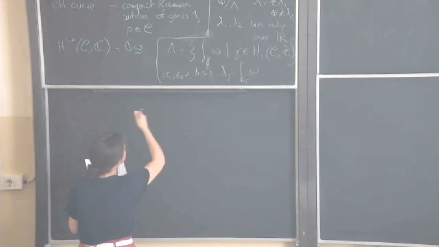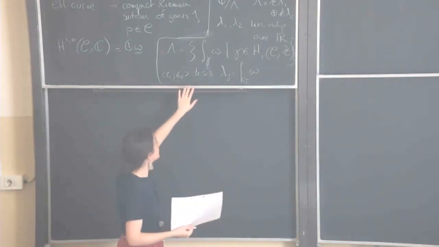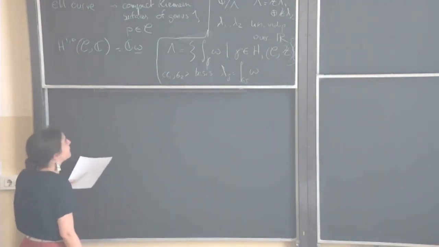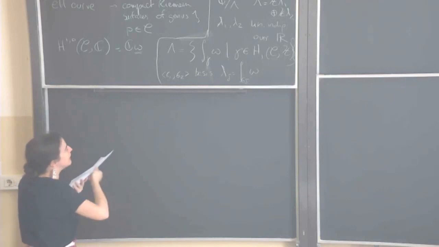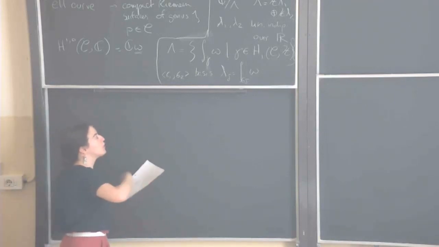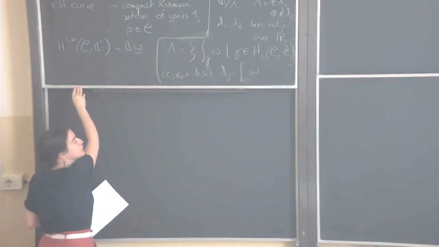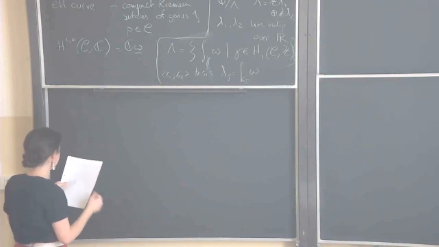A consequence of this is that on this side we have a group structure, which gives us a correspondence between homomorphisms of groups on this side and holomorphic functions on this side. Let me be a little more clear.